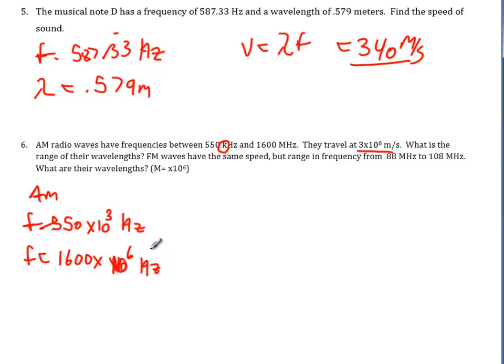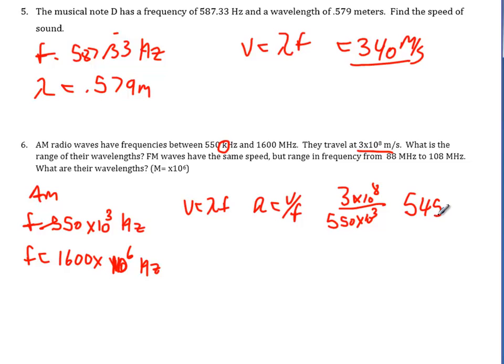So if I want to know their range of wavelengths, V equals wavelength times frequency, so wavelength is equal to the velocity divided by the frequency. So I'm going to take 3 times 10 to the 8th divided by 550 times 10 to the third, and that gives me a wavelength of 545 meters.